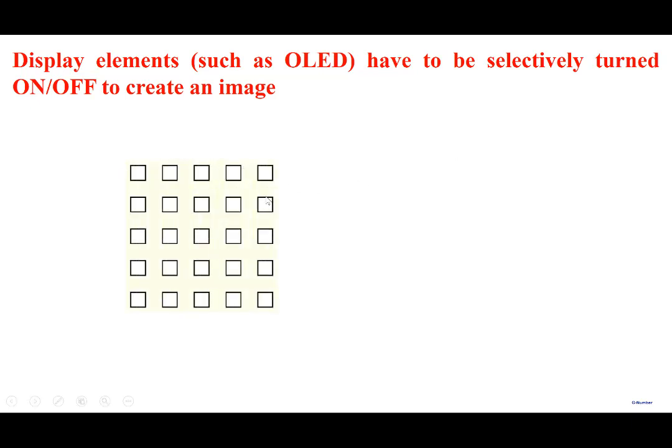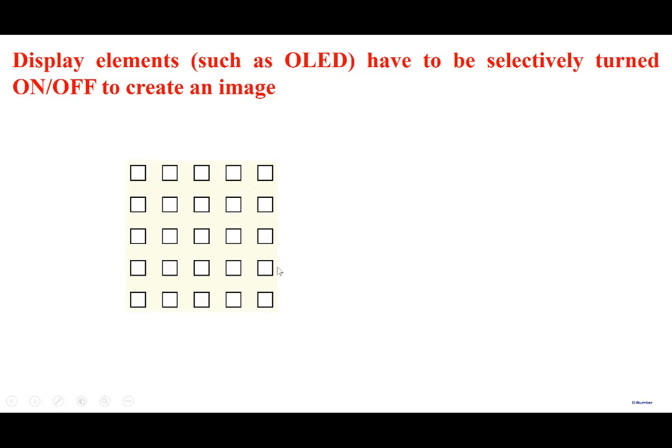Okay, so now, we said that to create an image, of course, you have to turn LEDs on and off, right? So different LEDs will have to be turned on to different degrees also. So if I have an array of, let's say, LEDs, sometimes we use the word pixel, a picture element.